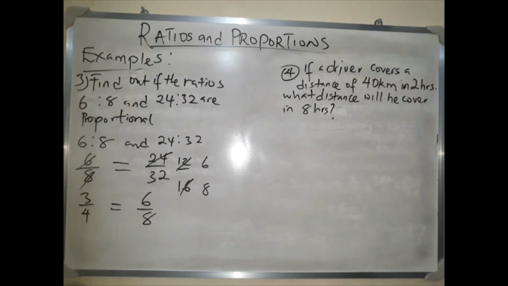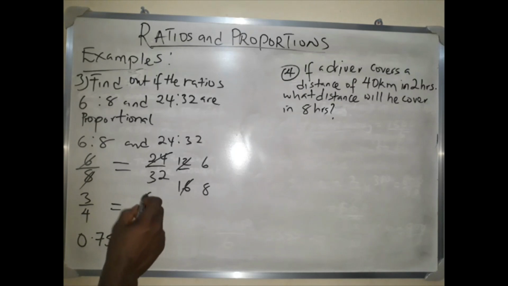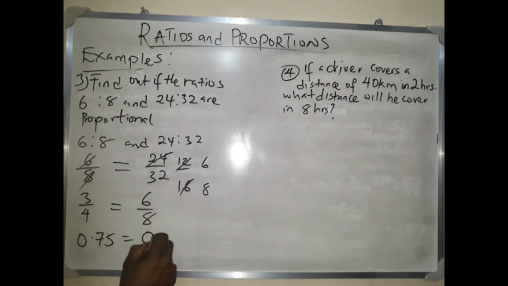So now, I want to divide 3 by 4. Dividing 3 by 4, I'm going to get 0.75. Then I also want to divide 6 by 8. If I divide 6 by 8, I still get the same thing, what? 0.75.